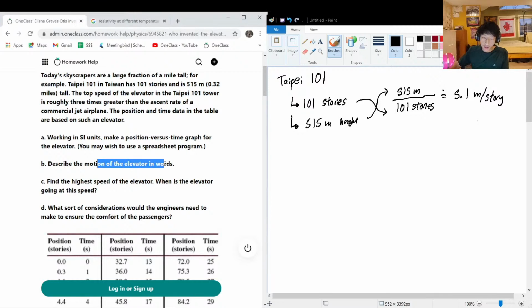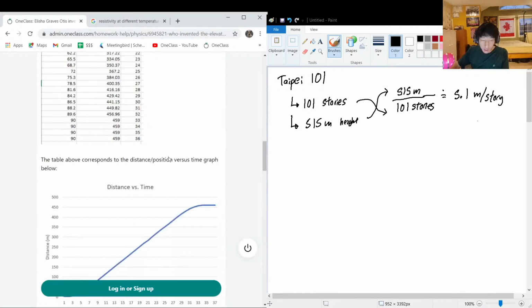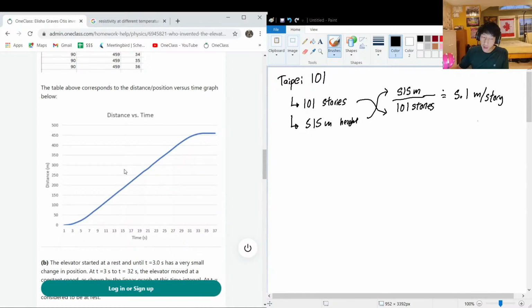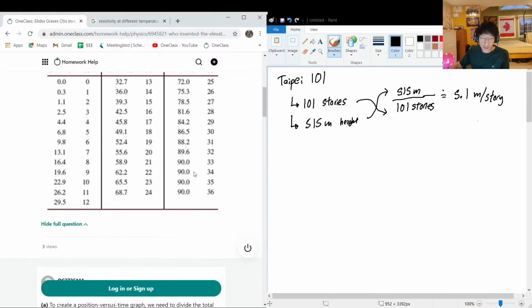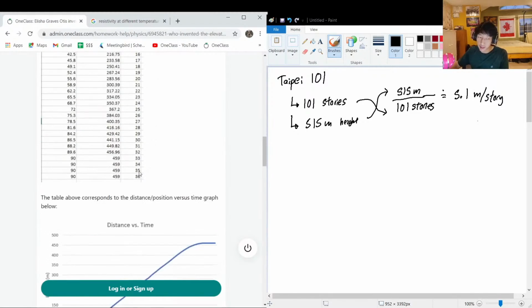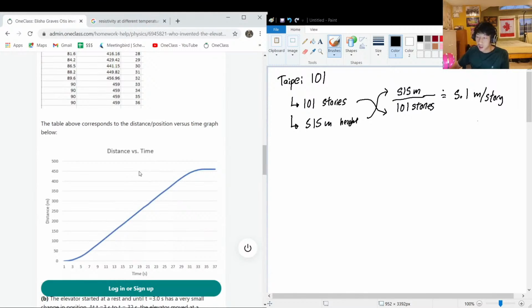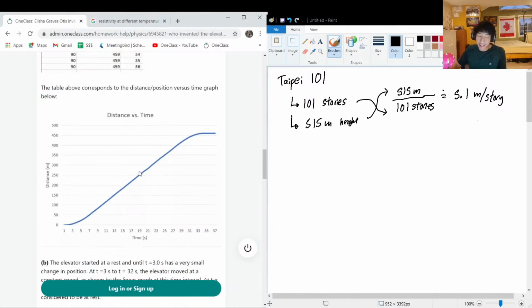Now describe the motion of the elevator in words. Okay, so basically looking at the graph, describe it in words. Well, initially at the bottom, so distance is the height, and I guess here it's only going up to the 90th story, but there's 101 in total, so we're not going all the way to the top. It's like we're going to the penthouse's basement.